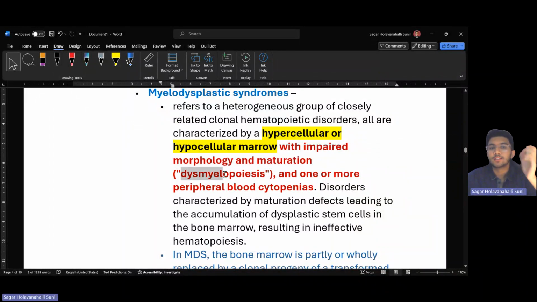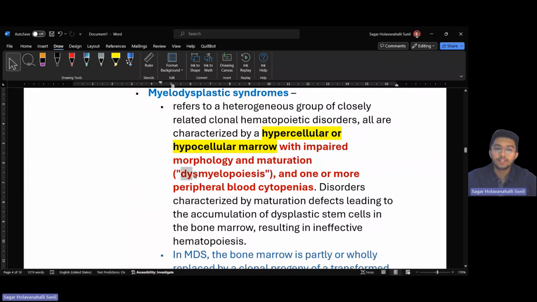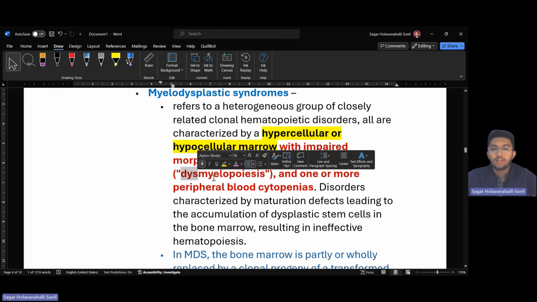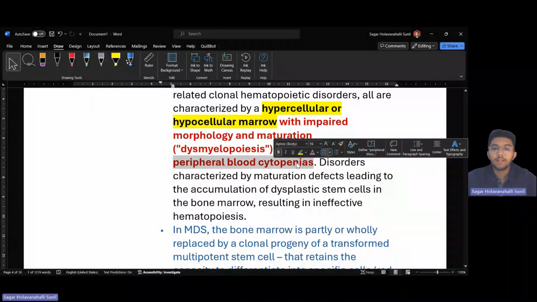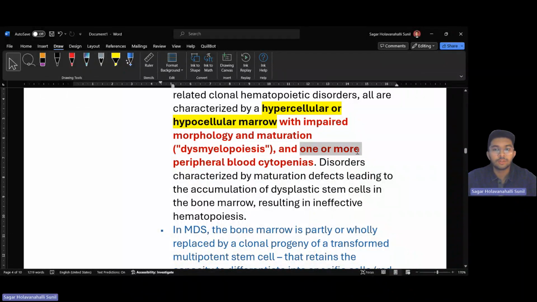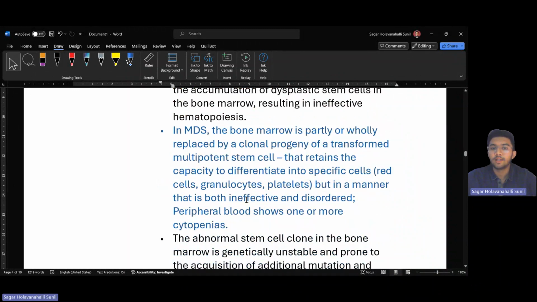So you can call this dysmyelopoiesis. Poiesis means the growth and differentiation and maturation. So this means dysregulated. And of course, again, you'll have a peripheral blood cytopenia of either one cell or more cells. And you will definitely have ineffective hematopoiesis. Again, this comes back to the fact that there will be an ineffective and disordered manner of differentiation.